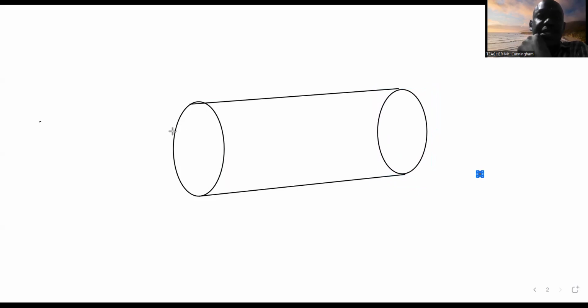What is the name of this shape? A cylinder. It's a cylinder.